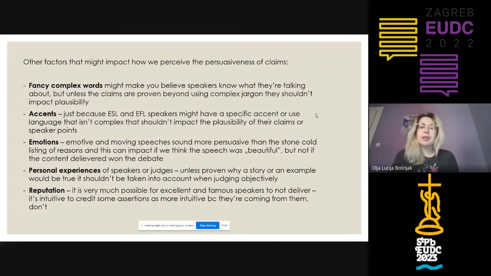Fourthly, again, personal experiences. Someone might make an argument that we might not think is necessarily true, or we would run it differently, or we know these people. So when it comes to knowing certain speakers, certain judges, certain arguments, always just check yourself.